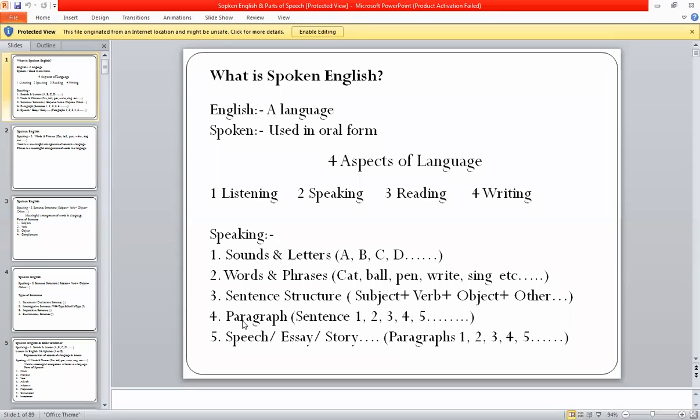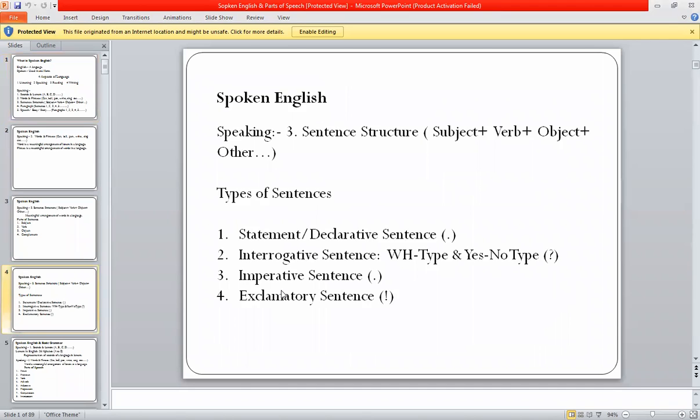And speech is the larger unit of any language. Speech is made up of the addition of paragraphs. So this is about spoken English.